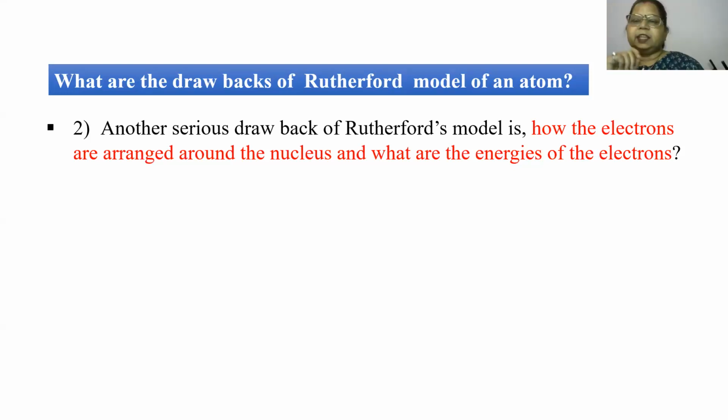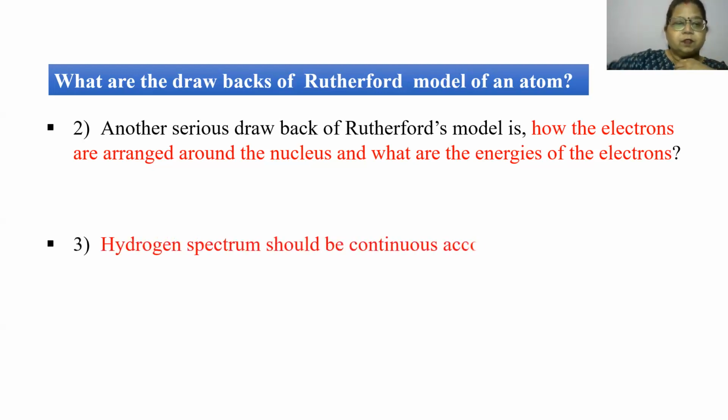Then the second thing which it could not explain, Rutherford's drawback: if I ask you to write two problems or reasons, the first one is it does not explain the stability of the nucleus. The second one, it does not tell anything about the distribution of electrons inside the atom.